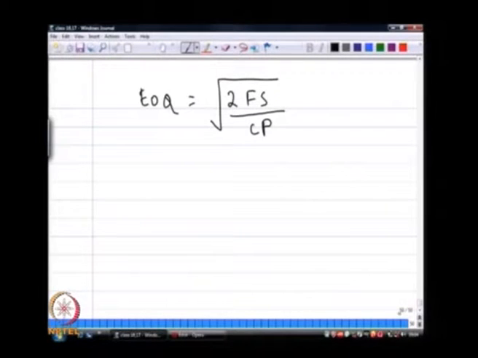Now, before we proceed further, I would like to understand this model with the help of an illustrative example that broadly covers various special cases, and then we will understand the different concepts associated with the economic order quantity.